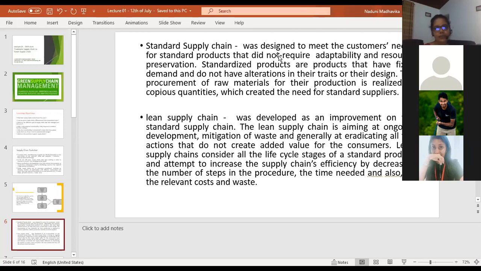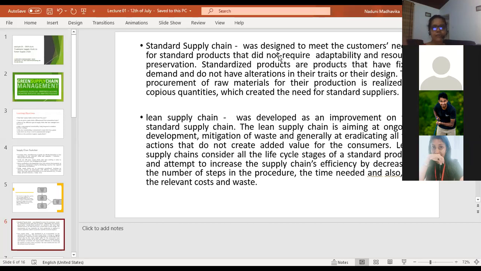The lean supply chain is aiming at ongoing development, mitigation of waste, and generally at eradicating all the actions that do not create added value for the consumers. So basically what was done in the lean supply chain was that they removed all those processes in the supply chain that they viewed as not adding value for the consumers.